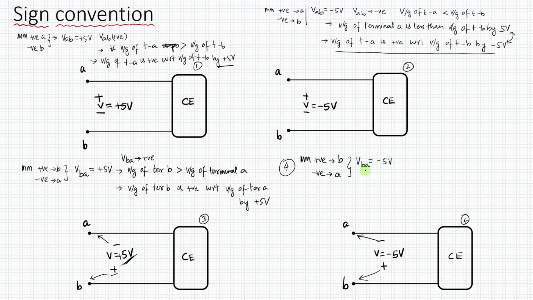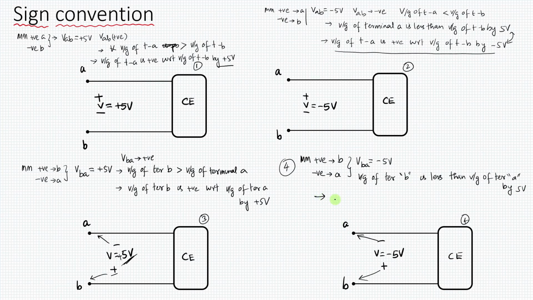That means the voltage of terminal B is less than the voltage of terminal A by 5 volts. But I've already told you a better way is always writing it in terms of positivity.